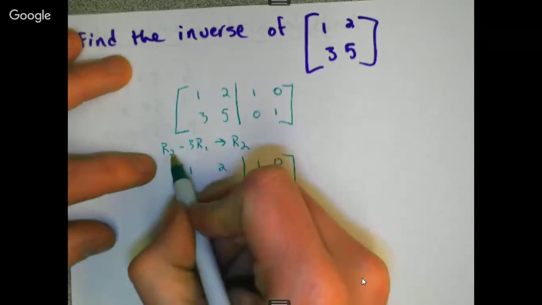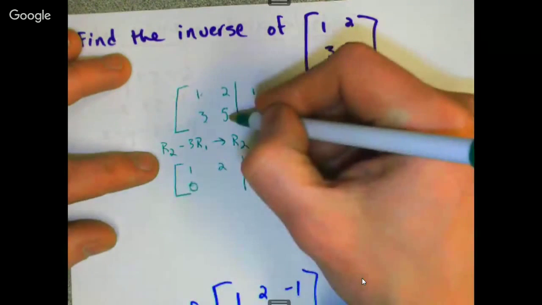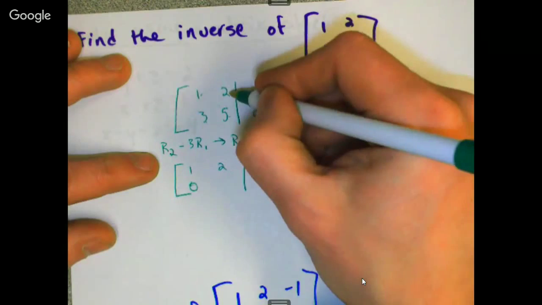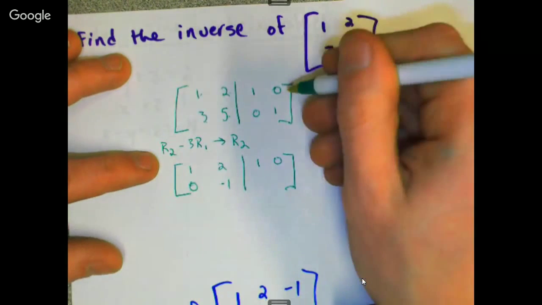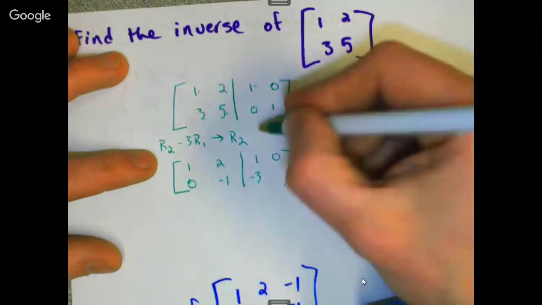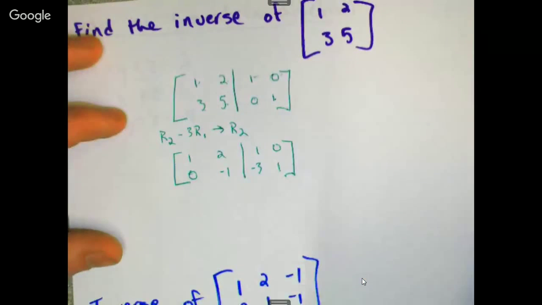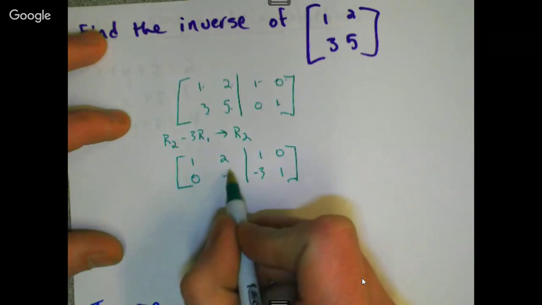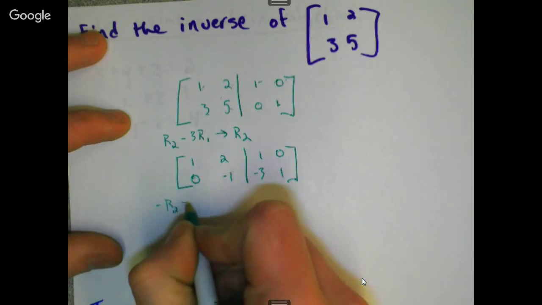Okay, so I've got 3 minus 3 is 0. 5 minus 6 is -1. 0 minus 3 is -3. And 1 minus 0 is 1. Okay, so I need to get this to be positive. So we're going to take negative row 2 back into row 2.